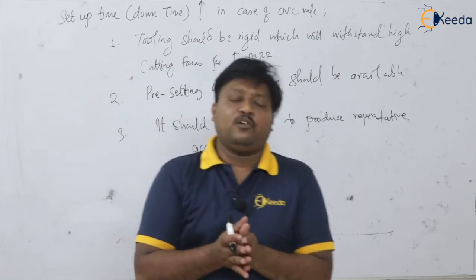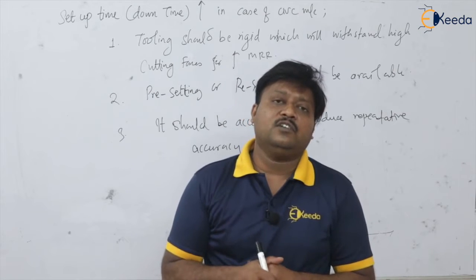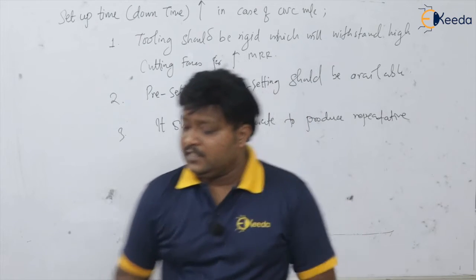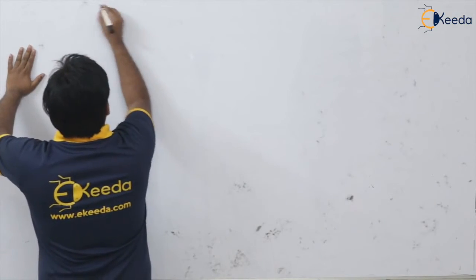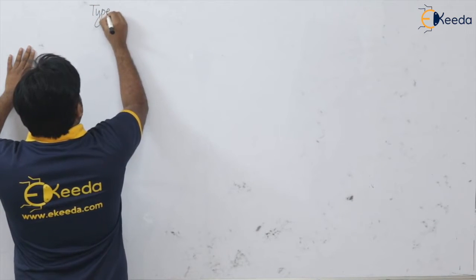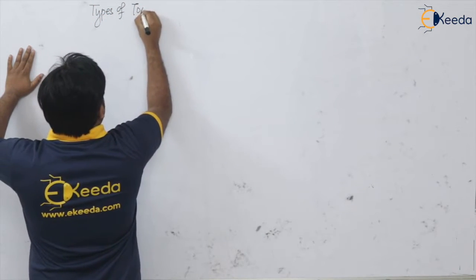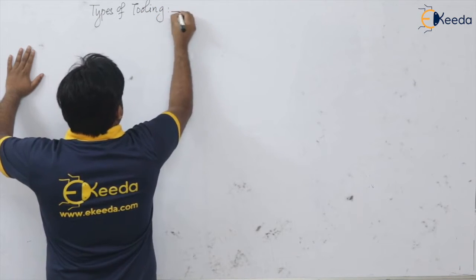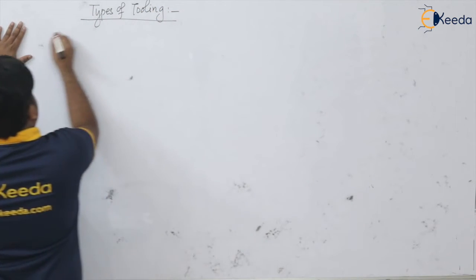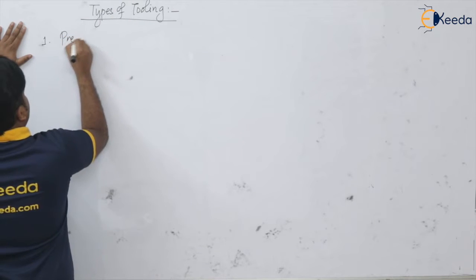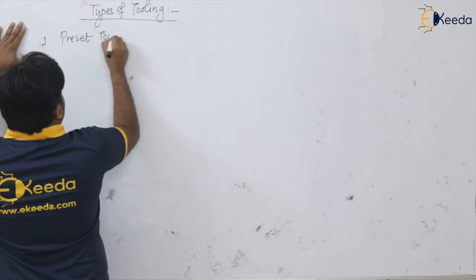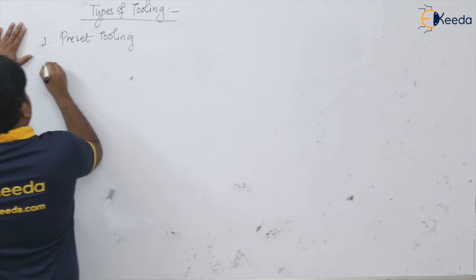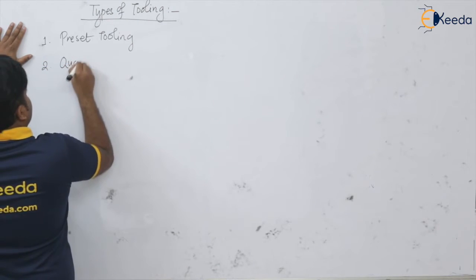Now let's see which kinds of tooling are available for the CNC. If we see the types of tooling for the CNC, what are the types we generally use? Number one, we have preset tooling. Second, we have qualified tooling.